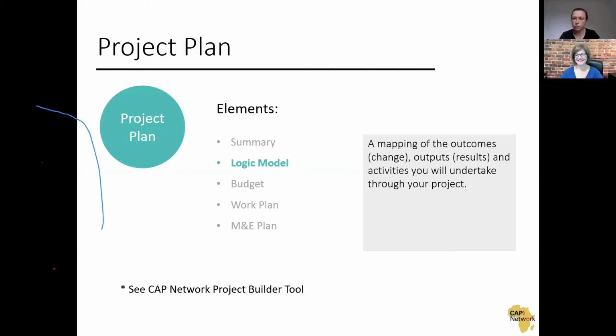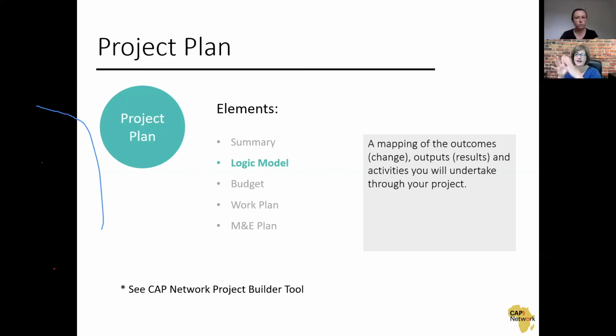Okay, wonderful. And then finally, is the theory of change an element of the logic model, or does it sit here? So theory of change is very interesting. Essentially, it's taking your logic model to a new level, and the theory of change is based on your logic model.